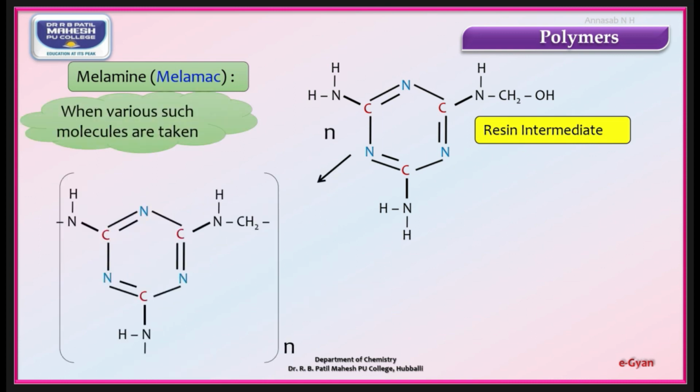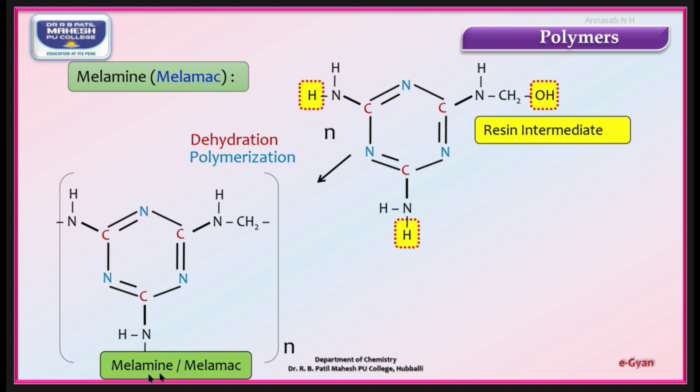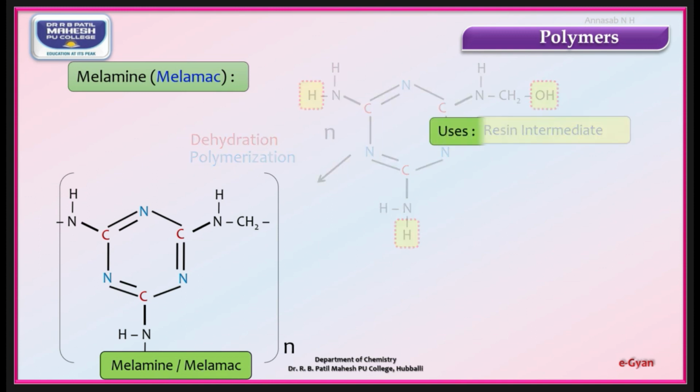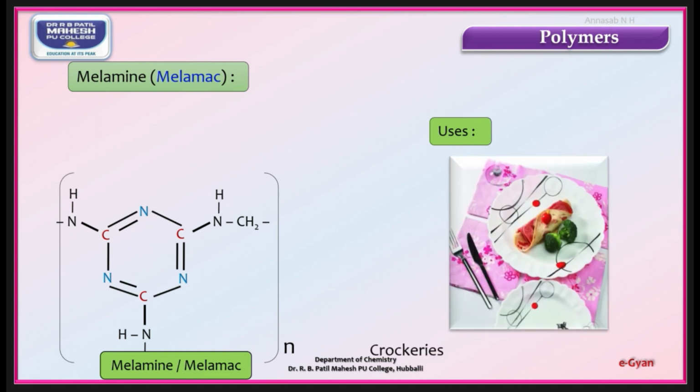After the removal of water from N times of the component, you can see there is no other group which is going to continue, so again it is a cross-linked polymer. So dehydration and polymerization lead to the formation of melamine or melmac. Uses of melamine or melmac: we use these for the preparation of crockeries.